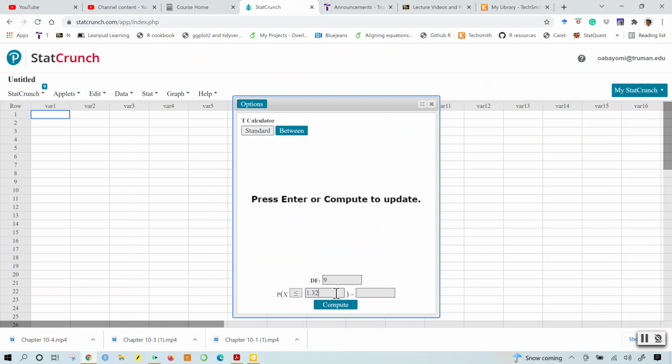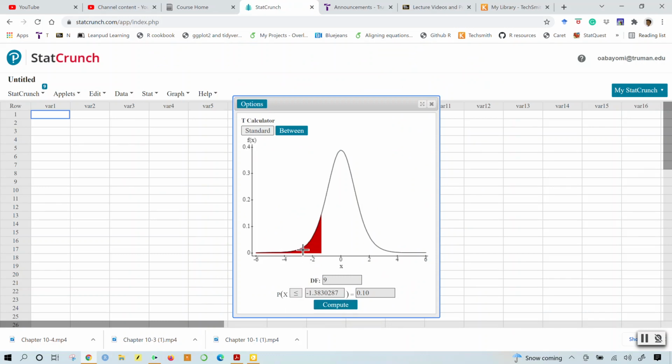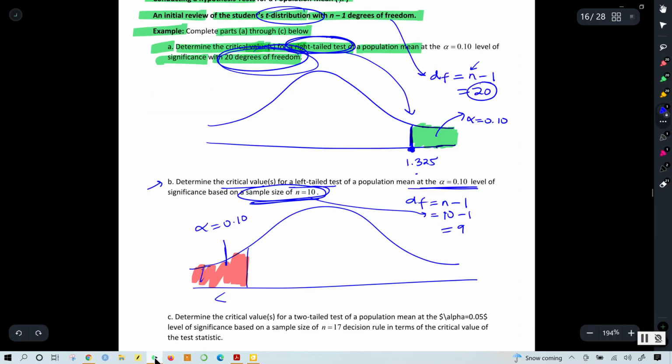I'm going to erase this because I want to key in the size of the area here, 0.10. So 0.10 on the left, the cutoff point is negative 1.383. So my critical value here for this left tail test is negative 1.383.